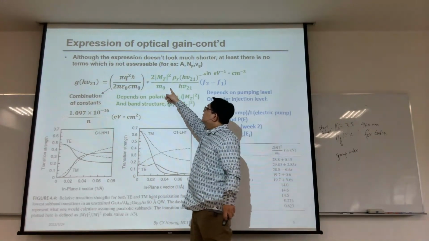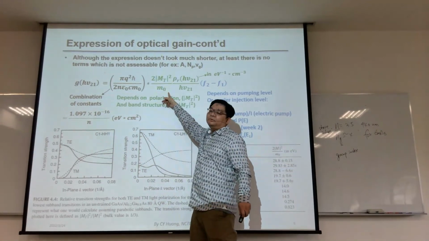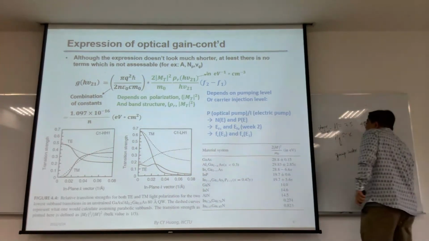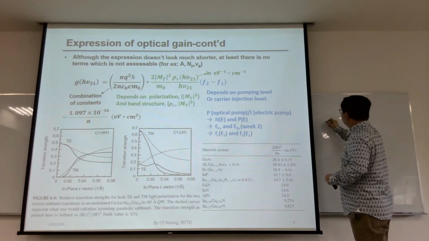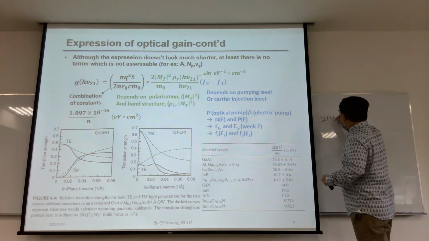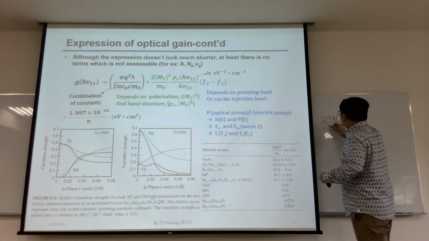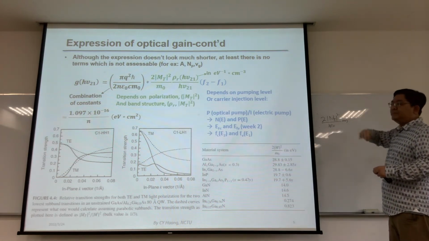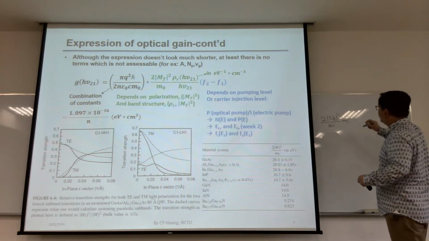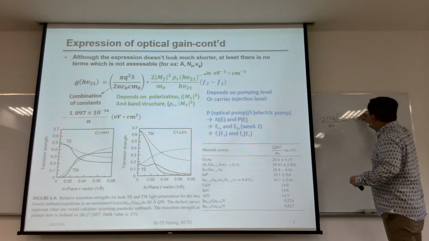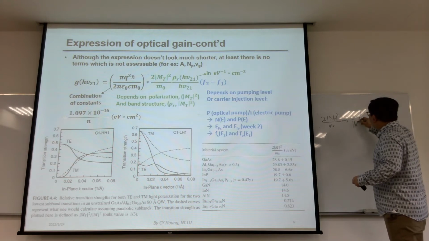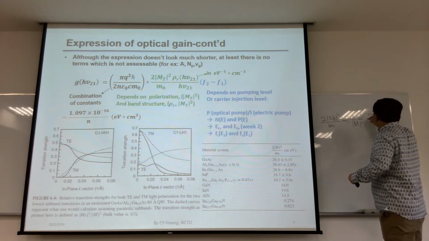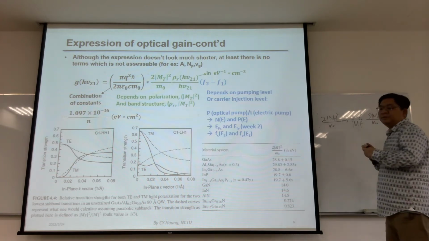Second is this one, 2 m_T squared over m0. We can do the 2 m_T squared over m0 further. Put the momentum matrix at both the numerator and the denominator to make it like m squared over m squared times 2 m squared over m0.